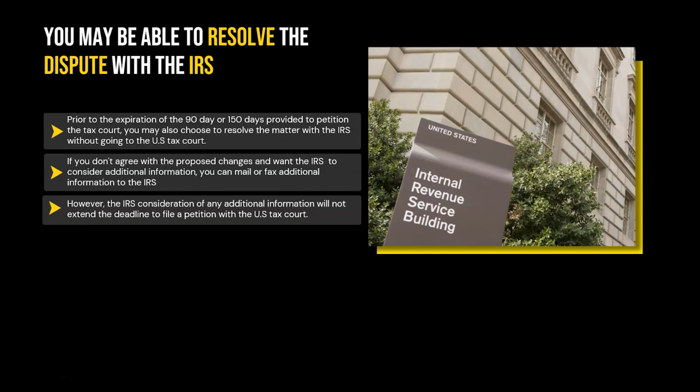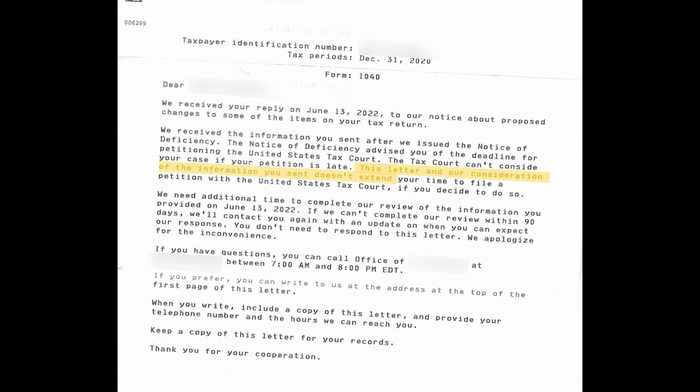Even when you send your correspondence, the IRS sends you a confirmation that they've received your correspondence and they are working on it. Again, in the IRS confirmation of your protest, it will also state on that letter, as you see on the screen, that the IRS consideration of your information is not going to extend the deadline to file a petition with the U.S. Tax Court.